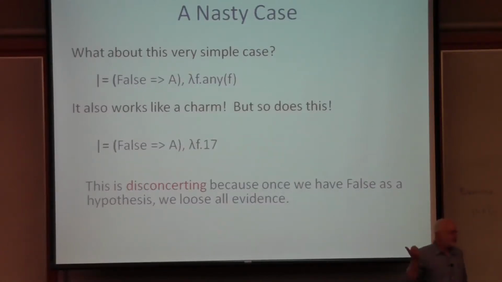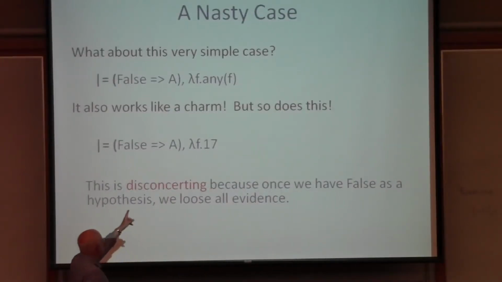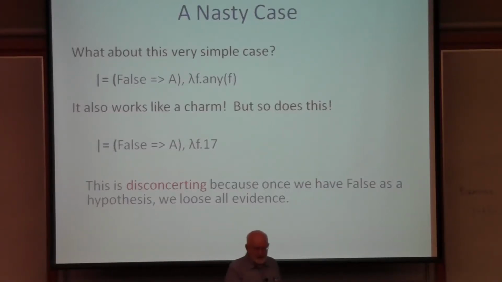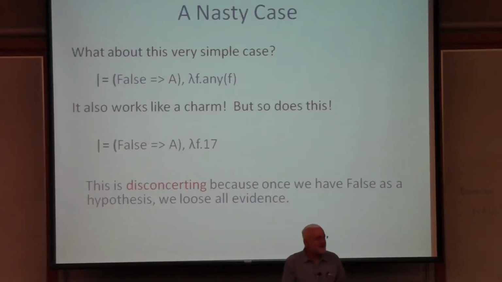Everything seems fine until you realize maybe somebody isn't going to give you that nice realizer. They might give you this realizer, lambda f dot 17 for the proof of A. Now, how can they do that? You say, well, you're cheating. That's not a logical realizer, but this is any realizer in type theory.